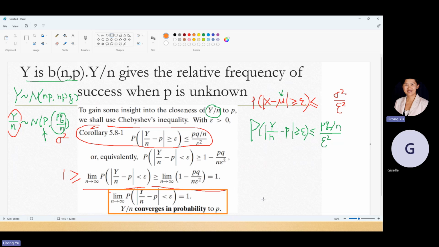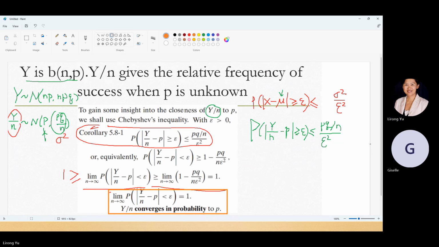I think this is also called the law of large numbers. As you increase more and more of the sample size, the percentage you end up calculating equals the true underlying probability. I hope that makes sense. Whatever difference you choose, it is for sure less than that number, because Y over n and p are almost the same when the sample size is large enough.